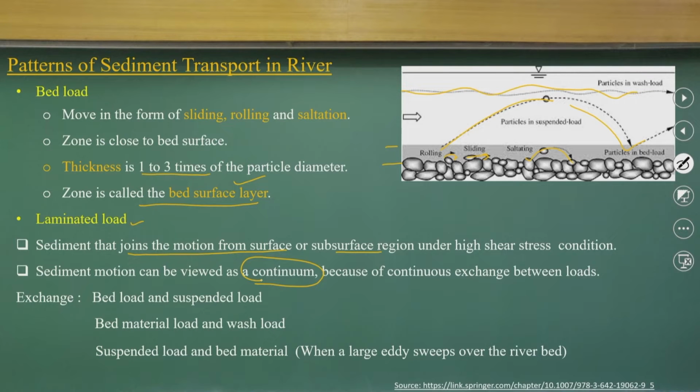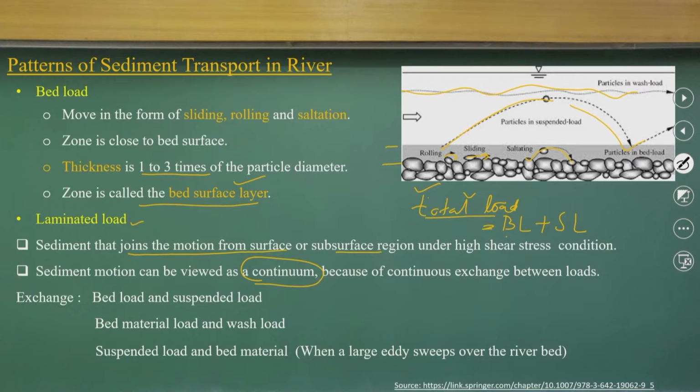Sometimes we combine them and call it the total load, which is the summation of bed load and suspended load. We do not separate them, but there are some empirical equations with which we can look at what the bed load and suspended load could be, and compute the total load.